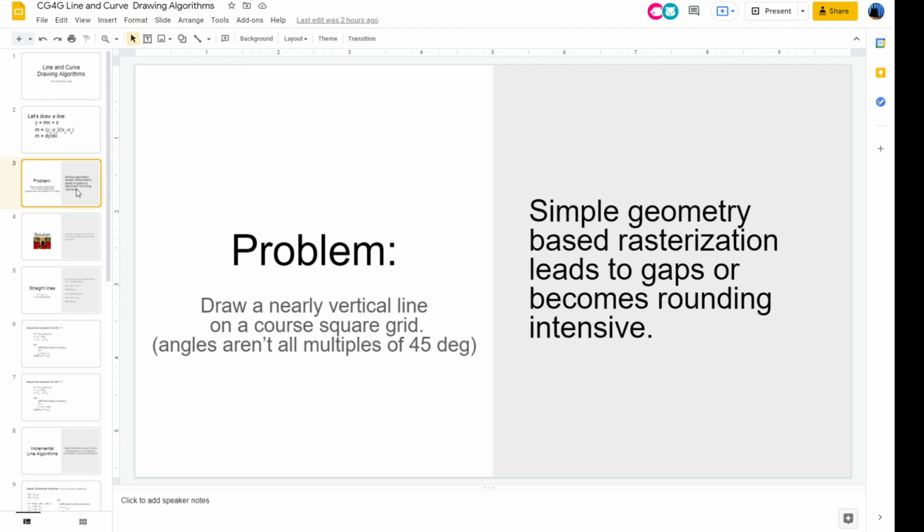And you can imagine if you're trying to draw a nearly vertical line that goes almost straight up, but not quite. Normally you might say, I'm going to plug in x to figure out y, but x might be changing in tiny little increments. So how do I plug in a small enough increment to not create some big gap?